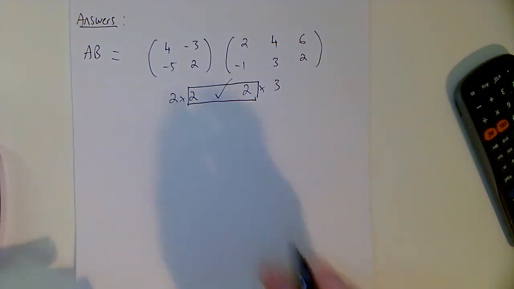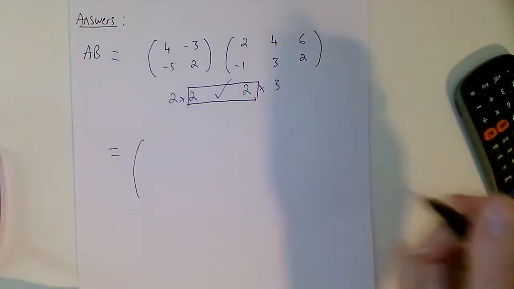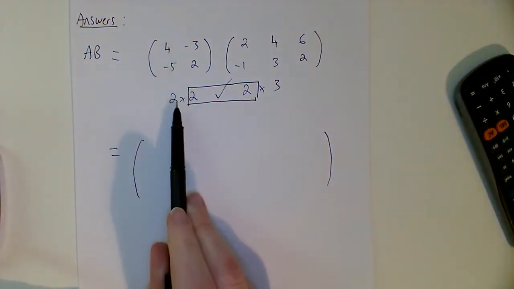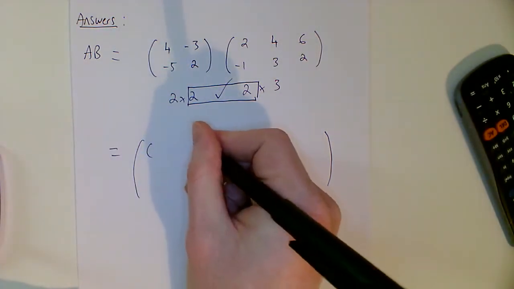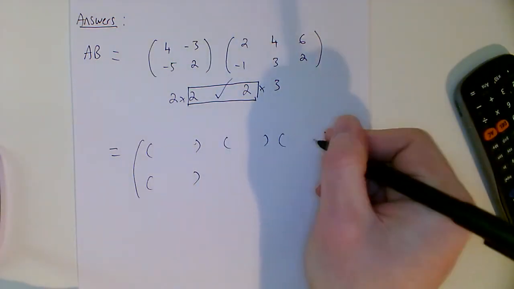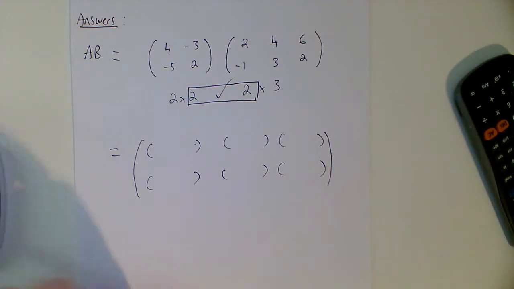Right, so what it also tells me is what my new matrix is going to look like. My new matrix, or my multiplying matrix, is going to be a 2 by 3. So I'm going to have 2 rows with 3 elements in each row.